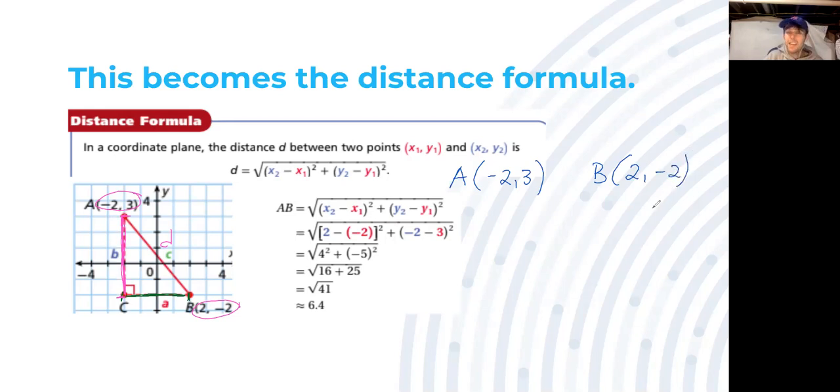We have to designate one of these as our first point and the other as our second point. It doesn't matter, it won't affect our answer in any way if we call A the first point and B the second point, or we switch that. So for this one, since A is first, I'm just going to call it my first point. So this is my x1 coordinate, -2, and this is my y1 coordinate.